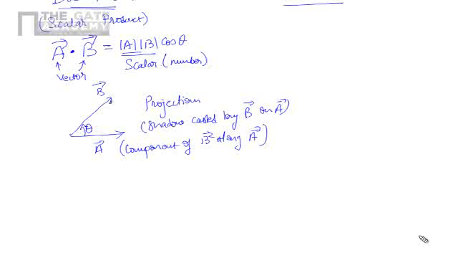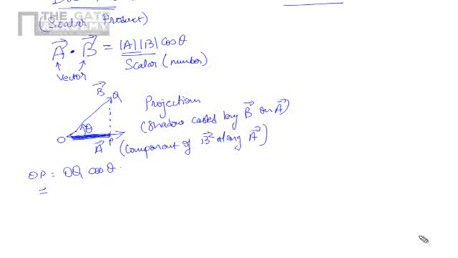Now when I project it, what will I get? I will be getting this. This is the image of B on A vector. Correct? Now how is the dot product going to give me this? By basic trigonometry, if I call this triangle OPQ, OP is nothing but OQ cos theta.